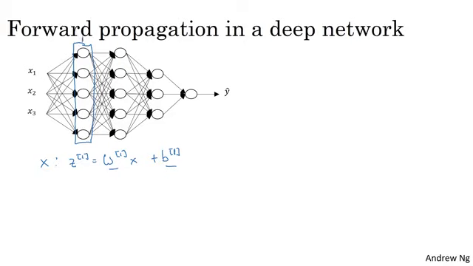Remember, this is layer 1 of the neural network. And then you compute the activations for that layer to be equal to G of Z1. If the activation function G depends on what layer you're at, then maybe we'll index that as the activation function for layer 1. So if you do that, you've now computed the activations for layer 1.